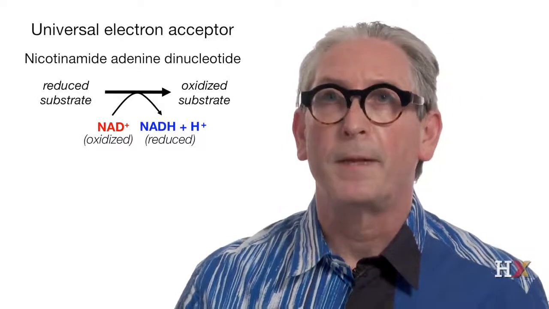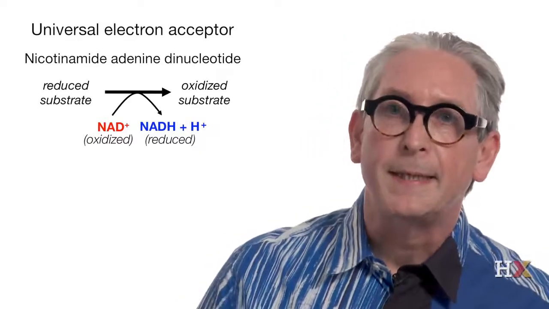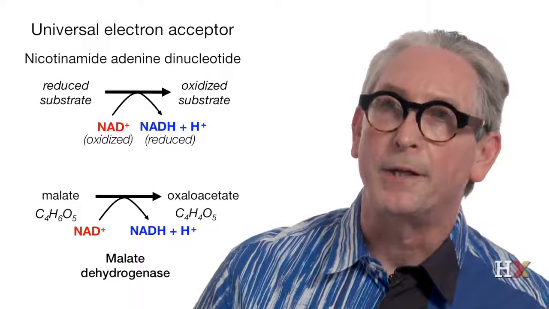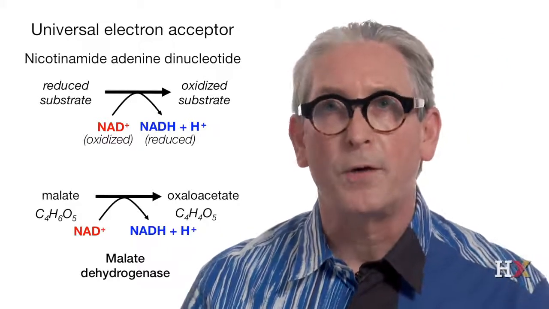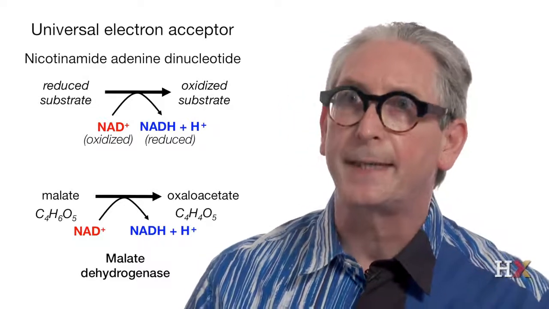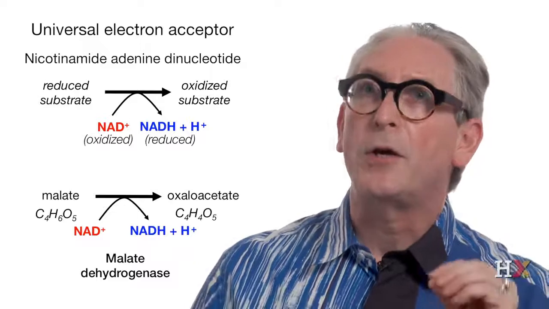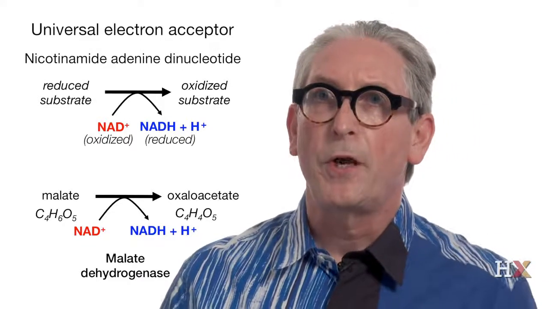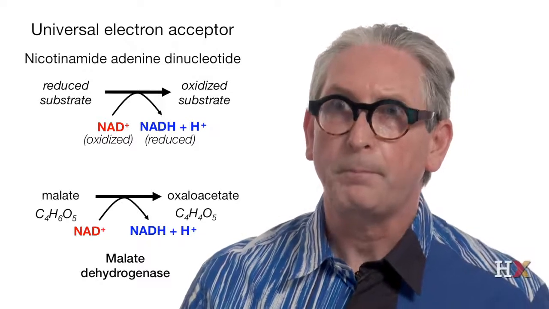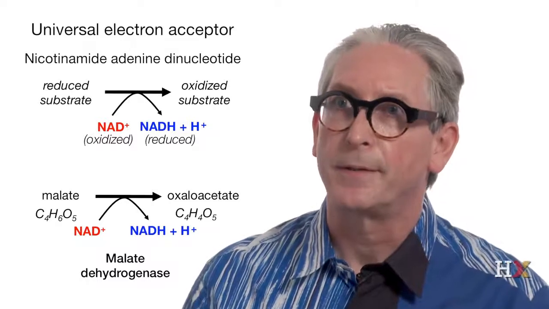For example, in the citric acid cycle, malate is oxidized into oxaloacetate, and this reaction is coupled with the reduction of NAD+ into NADH plus a proton. And the reaction is catalyzed by the malate dehydrogenase. If we take a closer look at this reaction, we see that when malate is converted into oxaloacetate, malate will lose 2 hydrogens and 2 electrons.